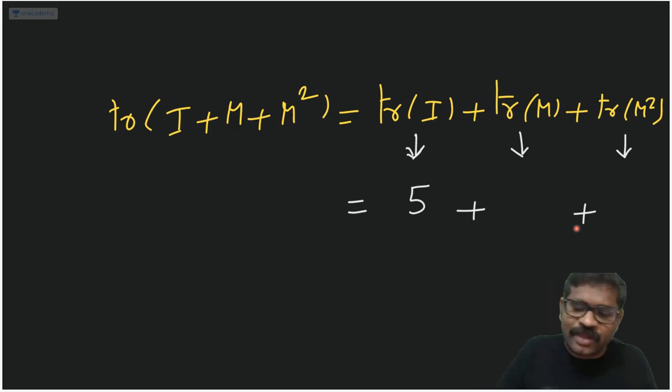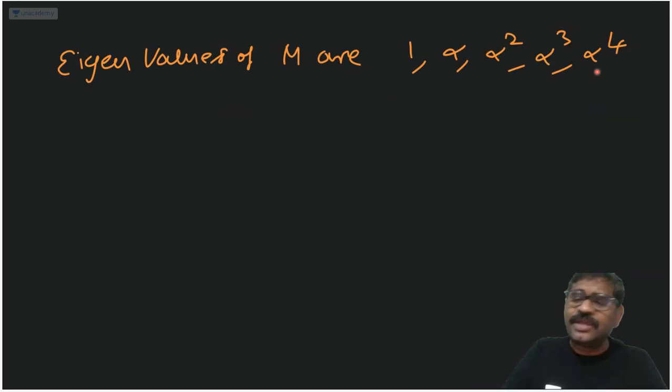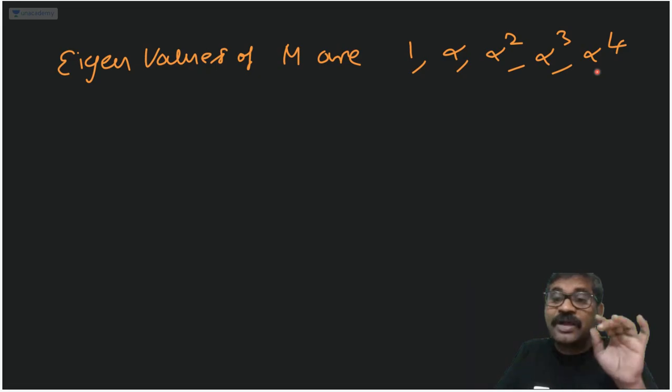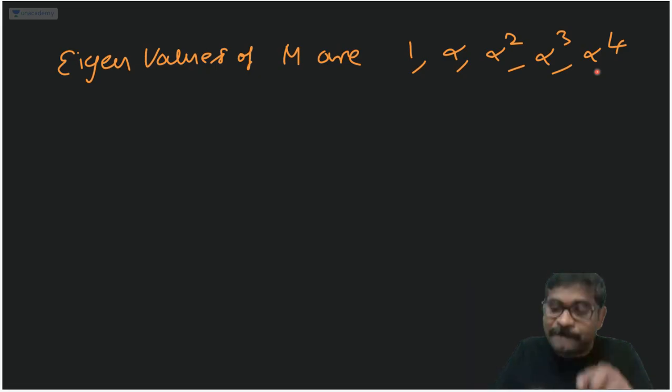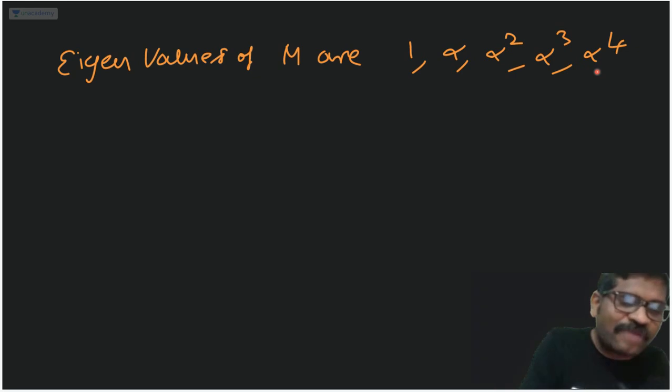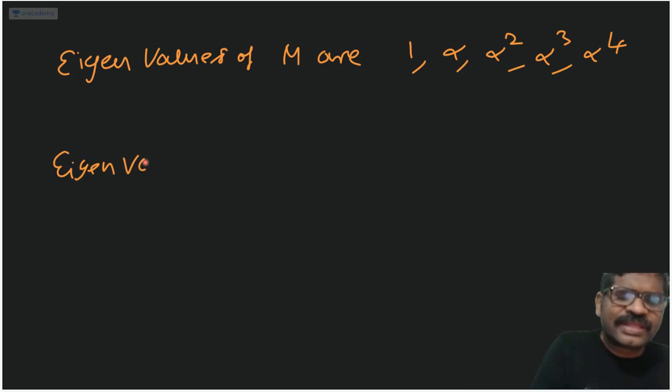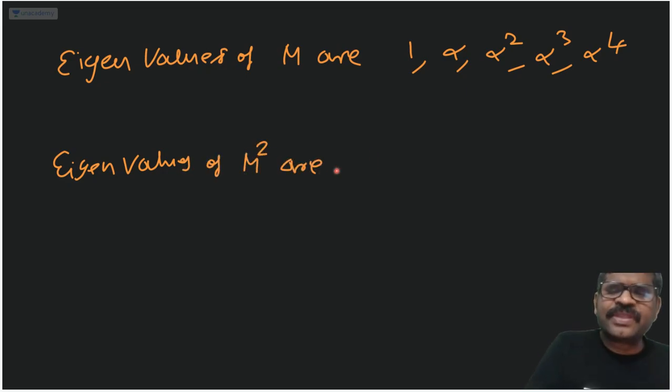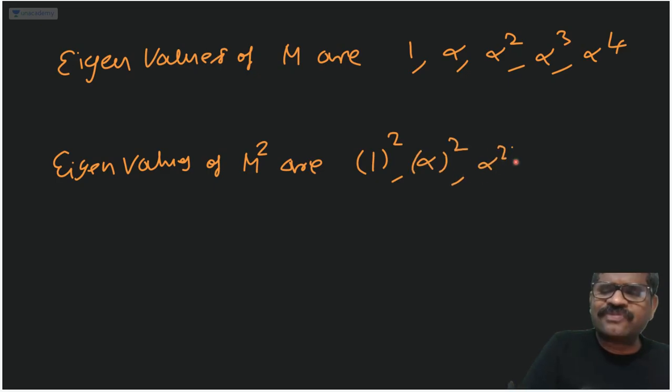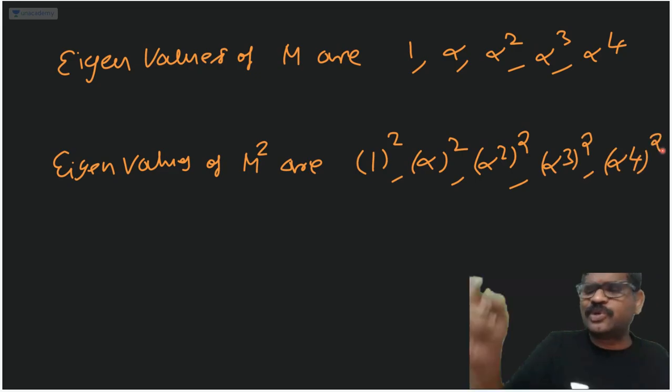Okay? Now come here. You know eigenvalues of M. With the help of eigenvalues of M, we can calculate eigenvalues of M square. We have a property. Eigenvalues of M square are 1 square, alpha whole square, alpha square whole square, alpha cube whole square, alpha power 4 whole square.